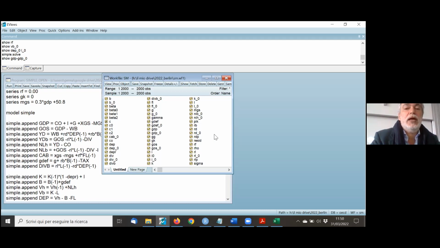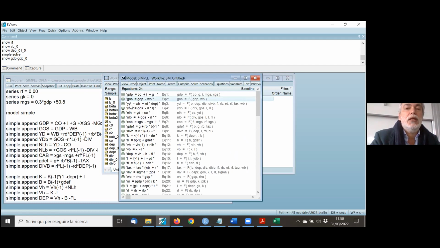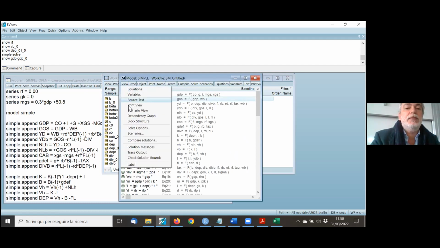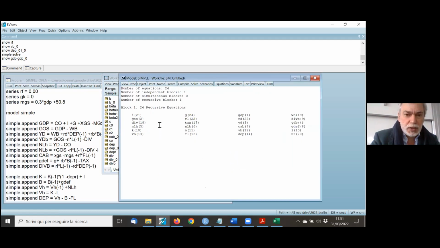So what I can do is to look at the sequence in which things are computed and make sure that the starting values are such that at least the identities replicate the data exactly.